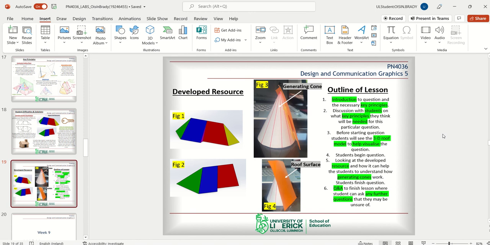Then the students begin the question, and partially through, you'd have the students look at the second developed resource when it comes to the section of using generating cones, and this will give them a better idea of what they're actually drawing. Lastly, just have a quick Q&A session with students to see any further questions that they might have.